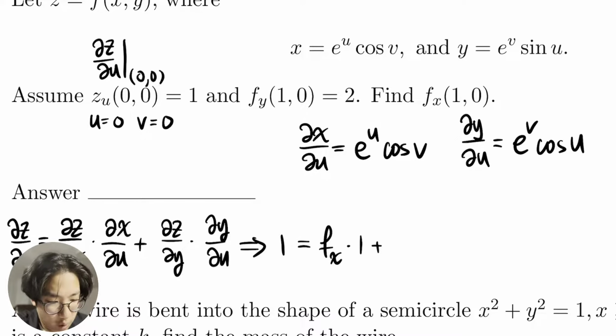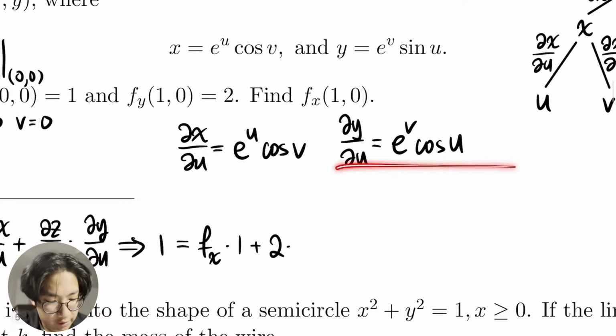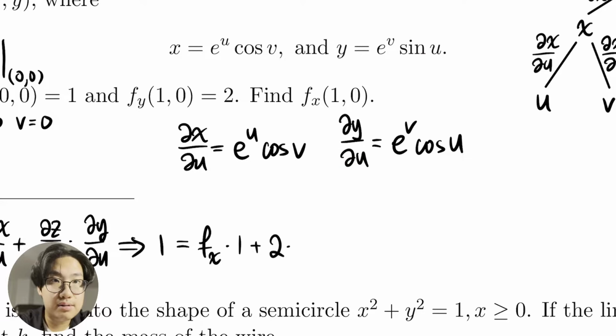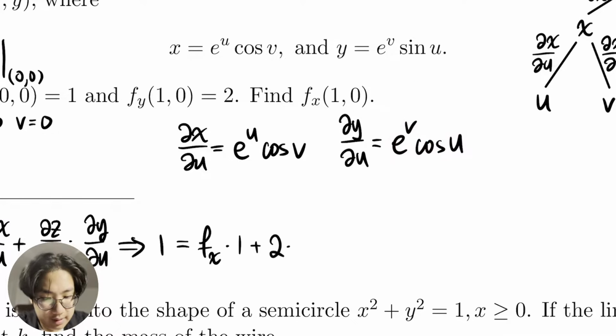Partial z, partial y, we are given right over here, so plus 2. And then partial y, partial u, same idea, we can just plug in 0, 0 again, so v and u are equal to 0. You'll notice we have the exact same thing. So we have e to the 0, which is 1, cos of 0, which is also 1. So we have 2 times 1.